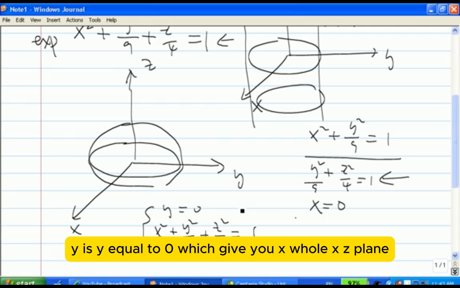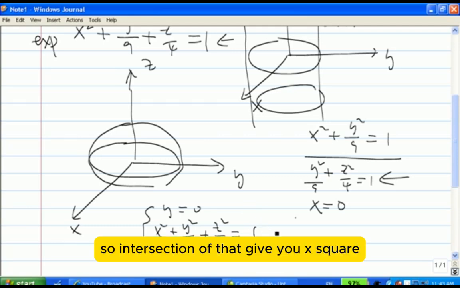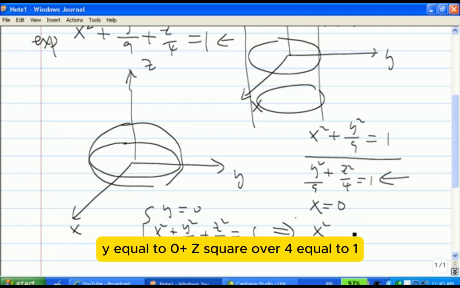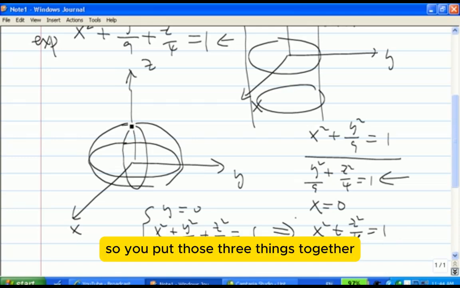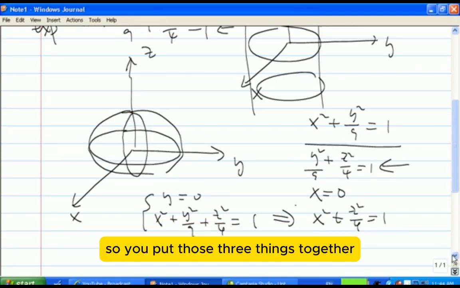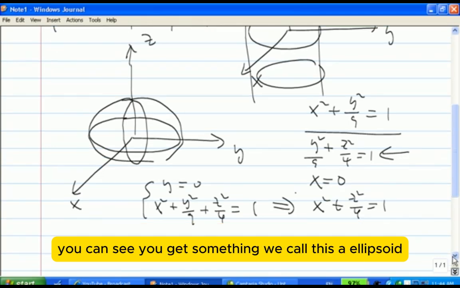One is y equal to 0, which gives you the whole xz plane. The intersection gives you x squared plus z squared over 4 equal to 1, another ellipse. So you put these three things together, and we call this an ellipsoid.